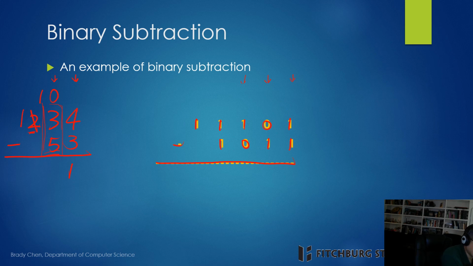So now in this tens position, we basically have 10 plus 3, then minus 5, because we borrowed 10 from the previous position. We borrowed 1 from the previous position, but it's counted as 10 in the current position. So it's 10 plus 3 minus 5, and we got 8.